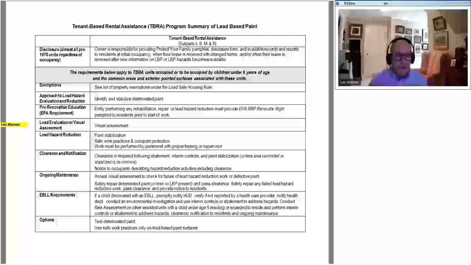Chris mentioned that when the visual assessment determines that there are surfaces that need to be treated, then we're going to do paint stabilization, do the clearance, and do a visual assessment when that's completed to verify that this unit now is lead safe and can be occupied by that household.